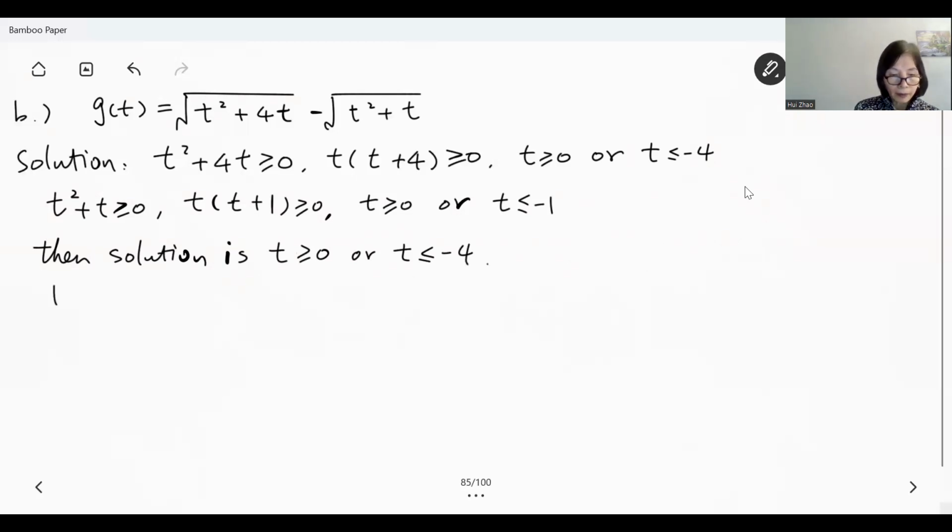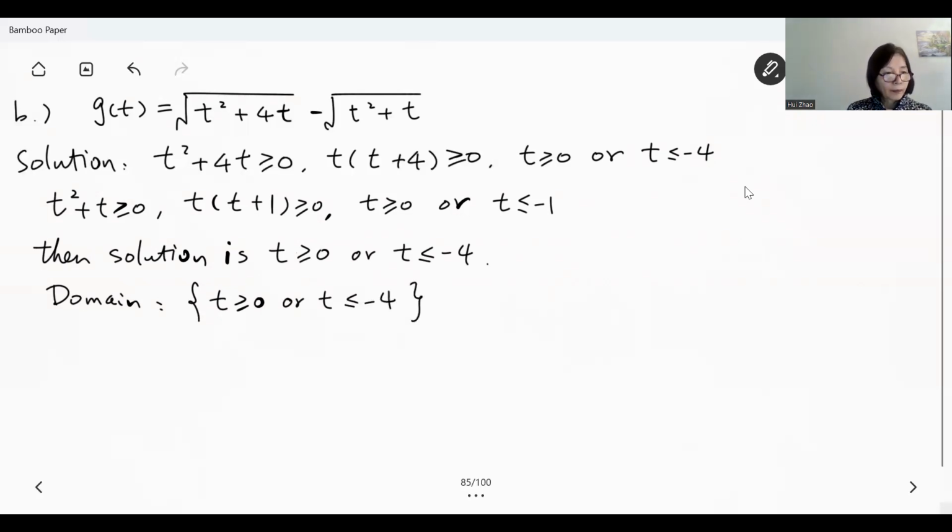This is the domain, right? The domain is t more than or equal to 0 or t less than or equal to -4.